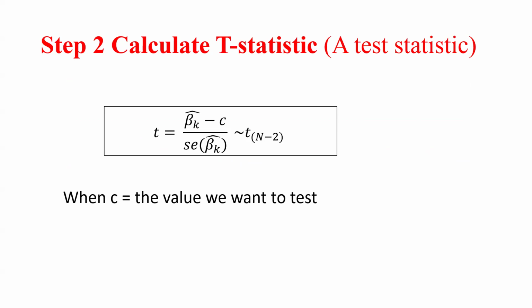So t equals the forecast value minus the value you want to test, over the standard error.